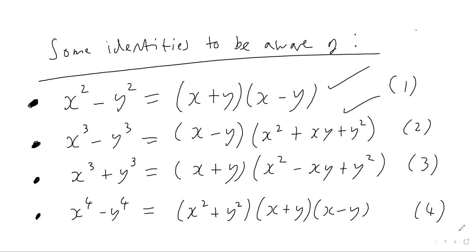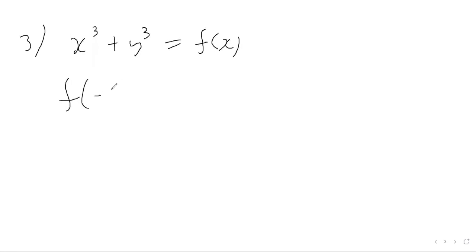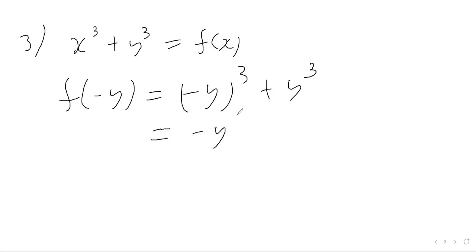Similarly with this third one here, this is very similar. So if you've got x cubed plus y cubed, again, to justify why this identity works, we can just call this f of x again. So we know that if we substitute negative y into x, what we get is negative y all cubed plus y cubed. Now, negative y times negative y times negative y is actually negative y cubed itself. So negative y cubed plus y cubed just gives us 0, so that cancels out.